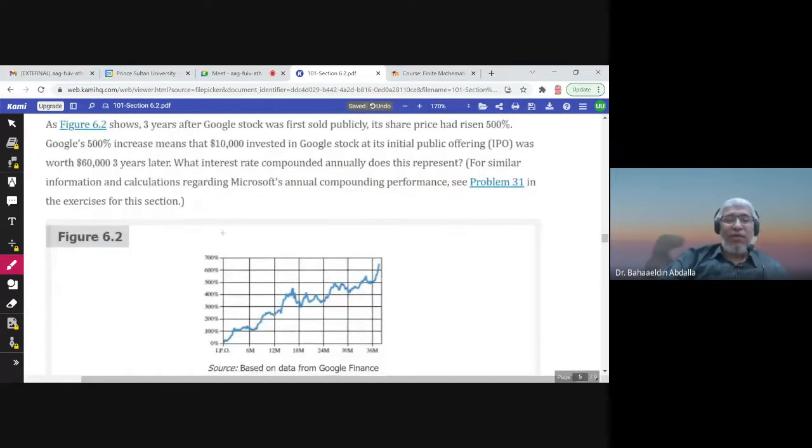Well, here this figure shows 3 years after Google stock was first sold publicly. Its share price had risen 500%. So this is the 500%.